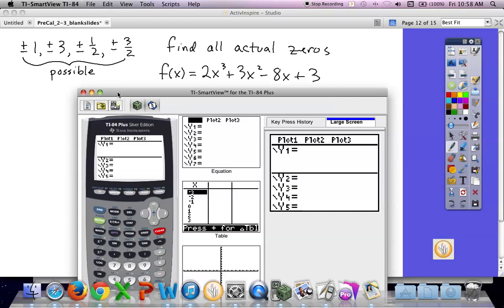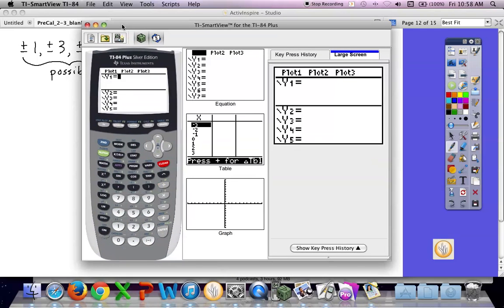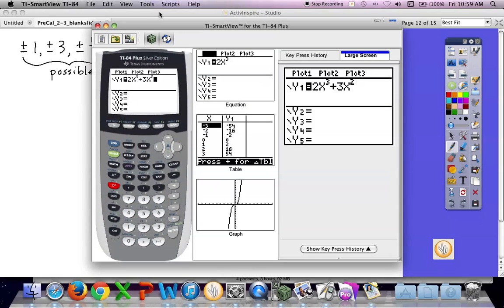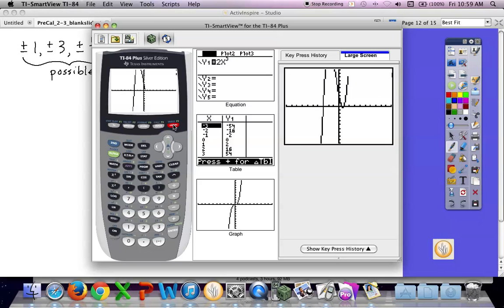Let's see. So 2x to the third plus 3x squared minus 8x plus 3. So, we can see 3 zeros on there.